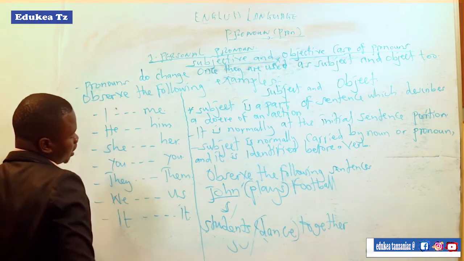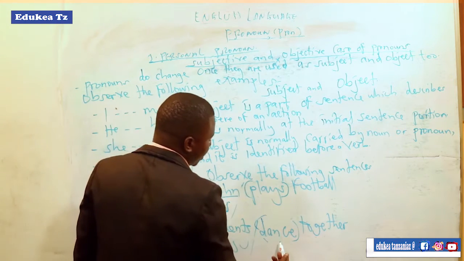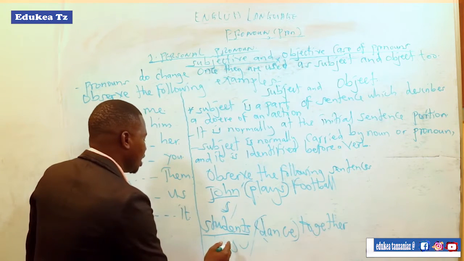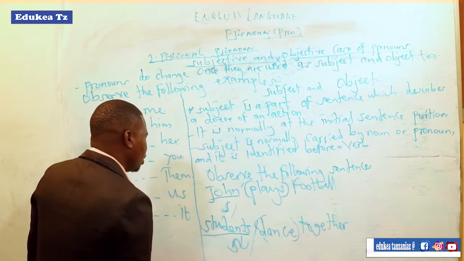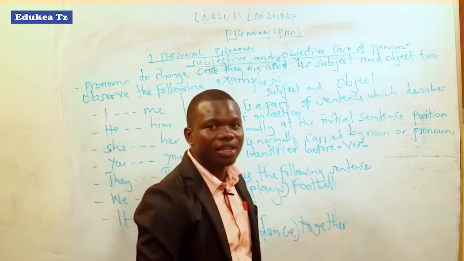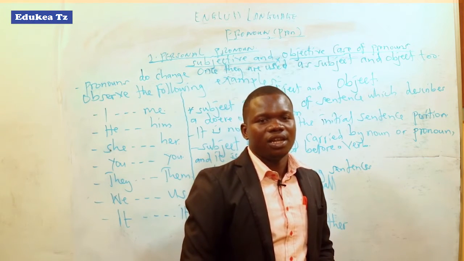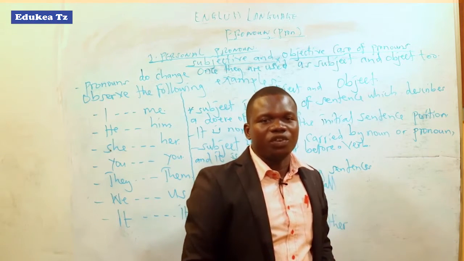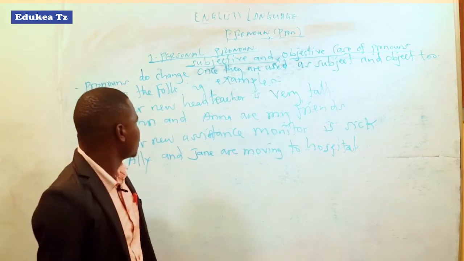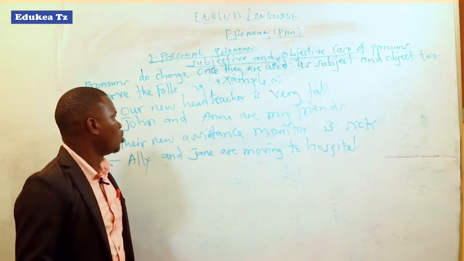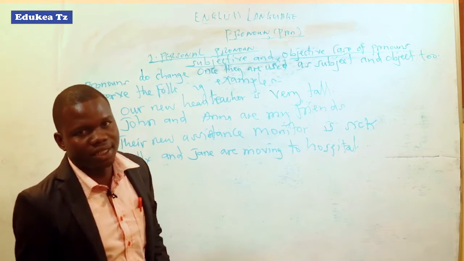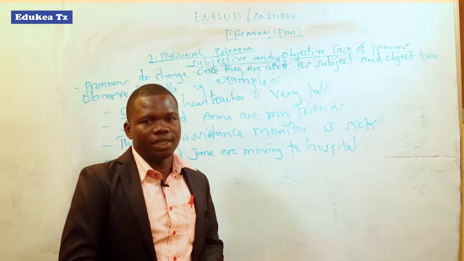Then our sentence becomes students dance together. Here the word students is a noun, and this noun also acts as the subject of a given sentence. Let us observe more examples on identifying the subjects of given sentences.